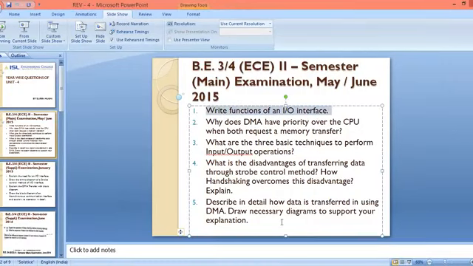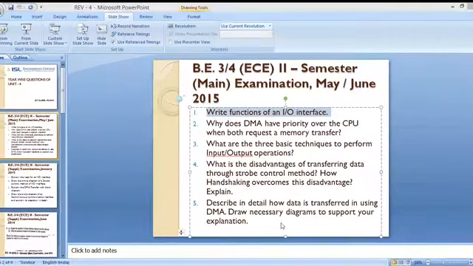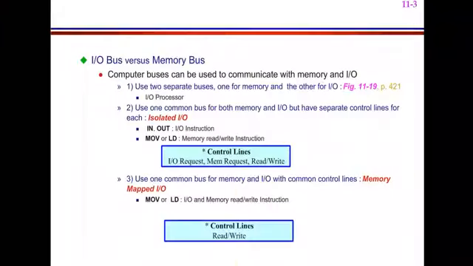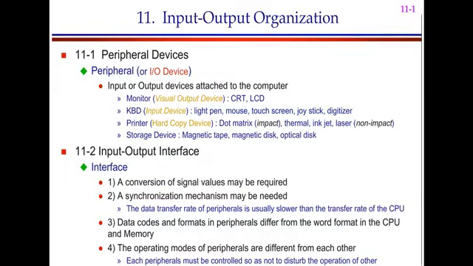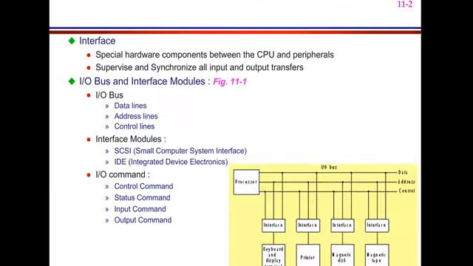Write the functions of an I/O interface. You need to describe the functions. Why are you using this interface? In this interface module, the function is to give four different commands: control command, status command, input command, and output command.